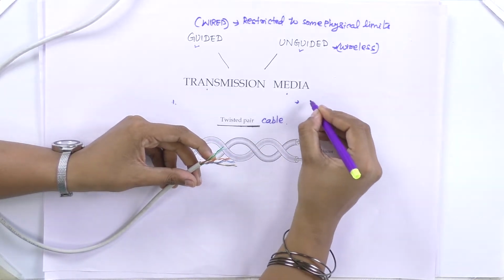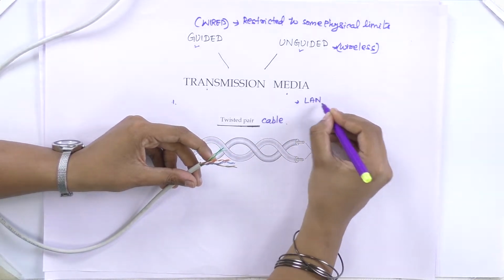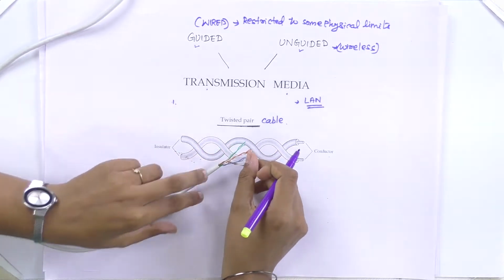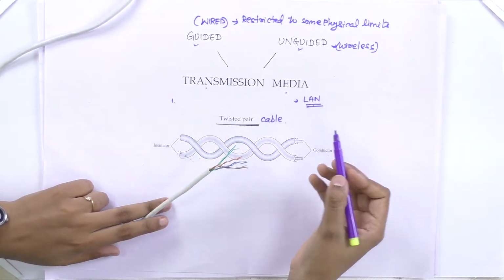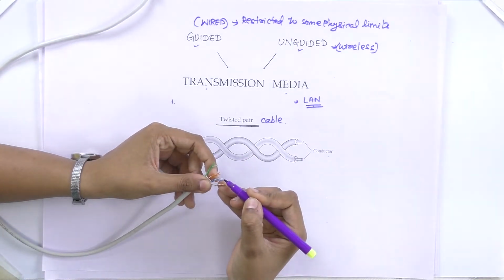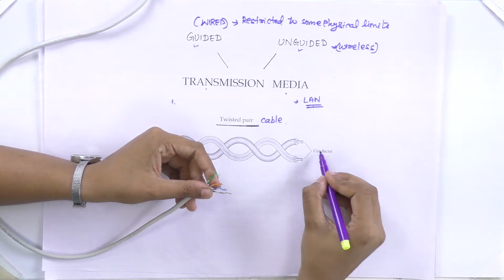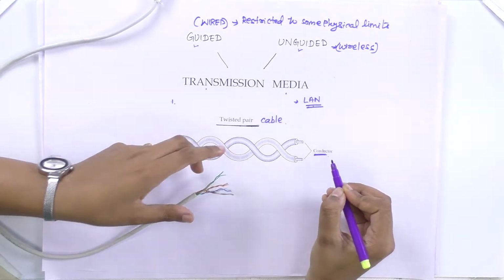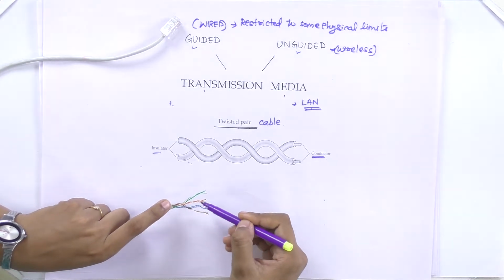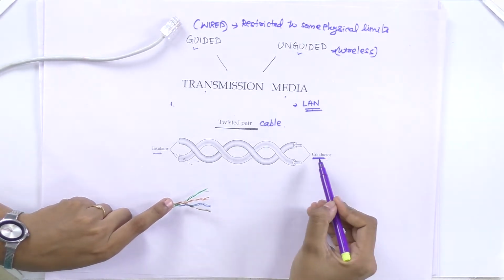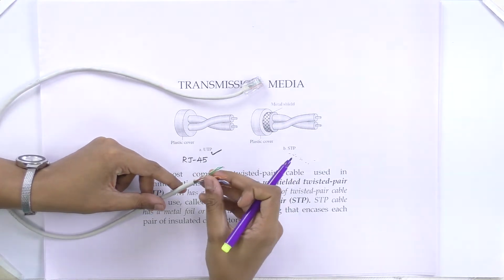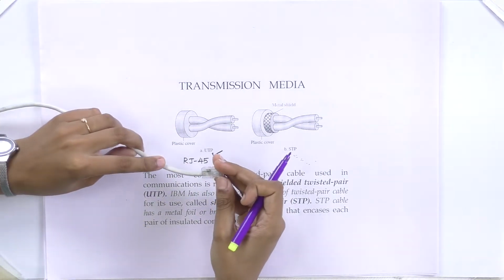The example is the wires used for connecting your LAN. In that you can see there is a golden wire, which is a conductor, and the others are insulators covering the inner conductor. This we call an RJ45.